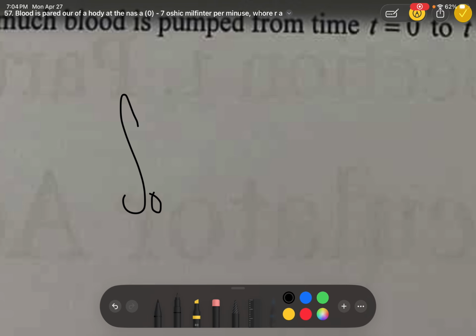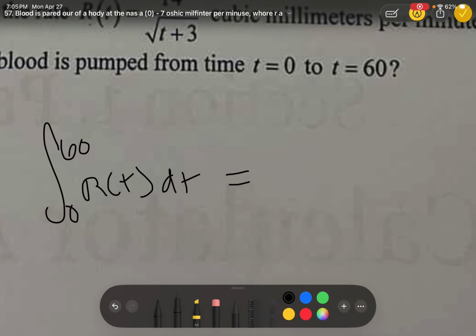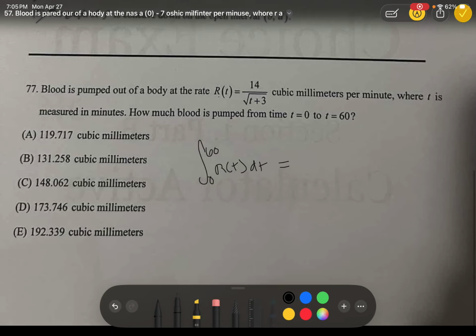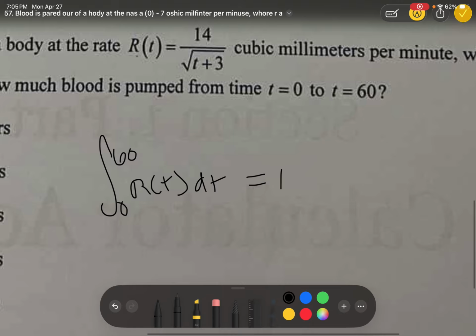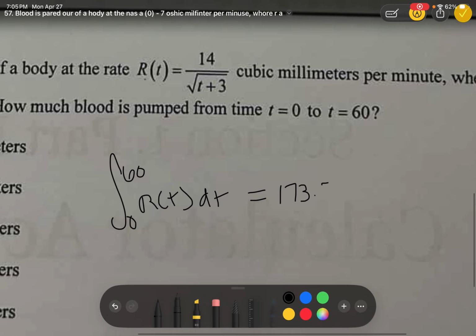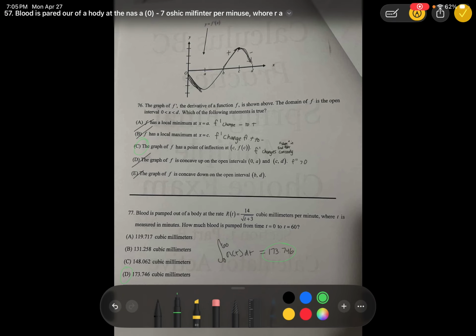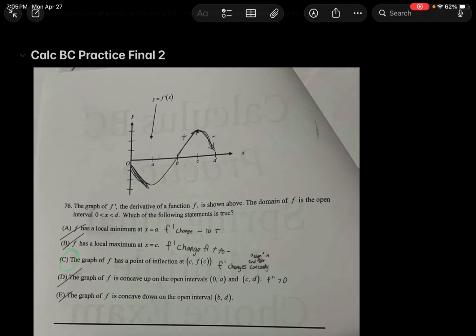So this is going to be an integral question, the integral from 0 to 60 of r of t dt. Use your y1, and your answer should be D, 173.746 cubic millimeters. That's what I got in my calculator, so this is correct. Moving on.